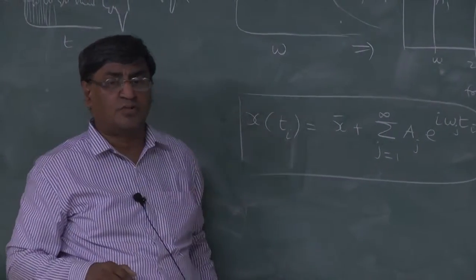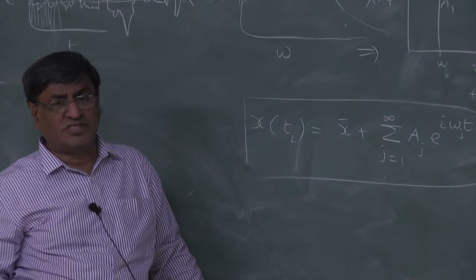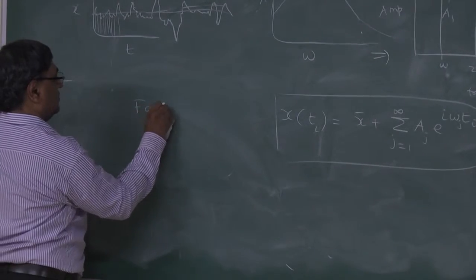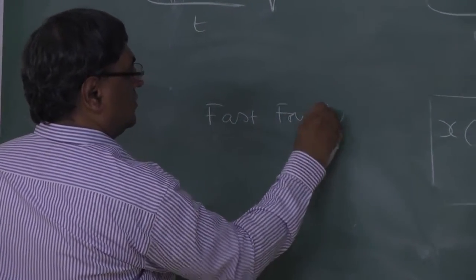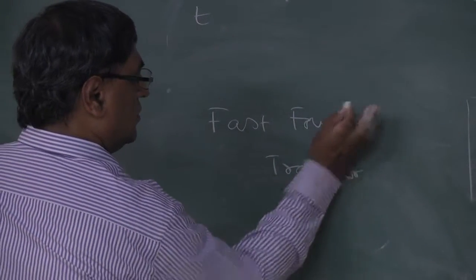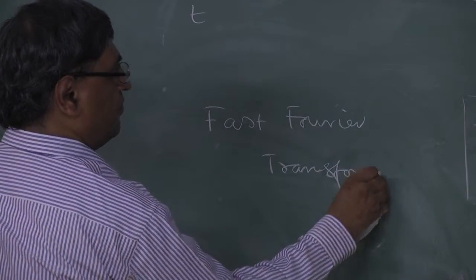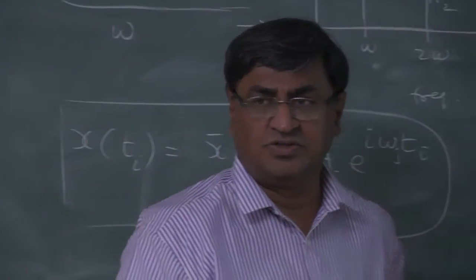For this discrete Fourier transform also, there are many ways of finding it. There is a very efficient algorithm known as the fast Fourier transform, FFT. I am not going to go into the details of the fast Fourier transform, it is not necessary also.